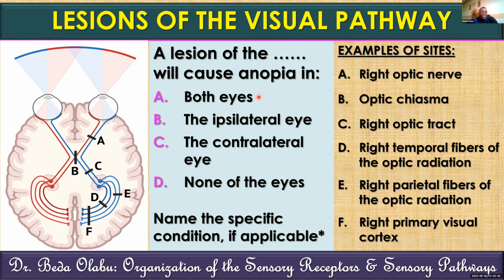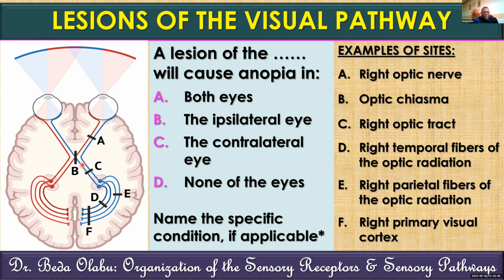But how are both eyes affected? We can see this fiber here. If we trace it back, it is from the temporal retina of the ipsilateral eye, which means it is carrying nasal field of the ipsilateral eye. So that one is affected.